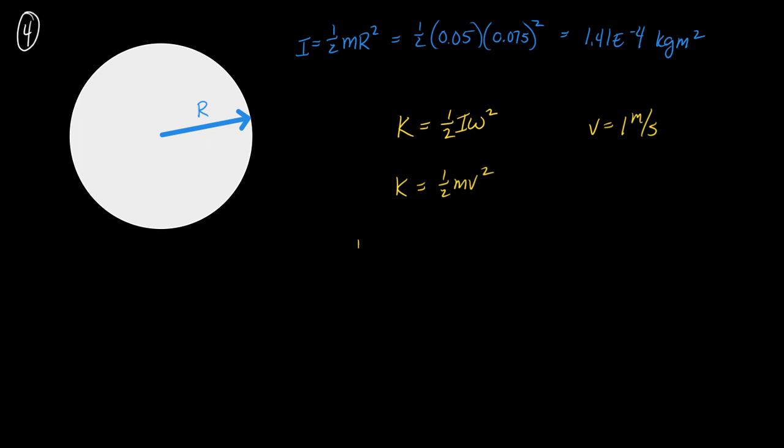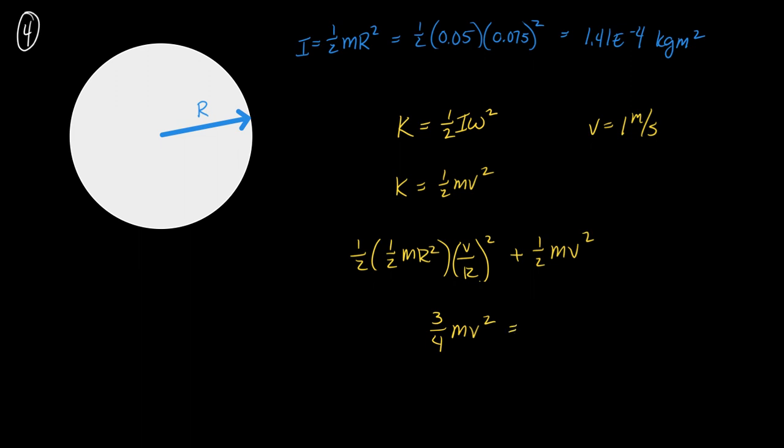So I'm going to write this as 1/2 times 1/2 mr squared times v over r squared plus 1/2 mv squared. And we've done this a couple of times already. So this adds up to be 3/4 mv squared. And this is a lot easier to do than doing the two separate parts.